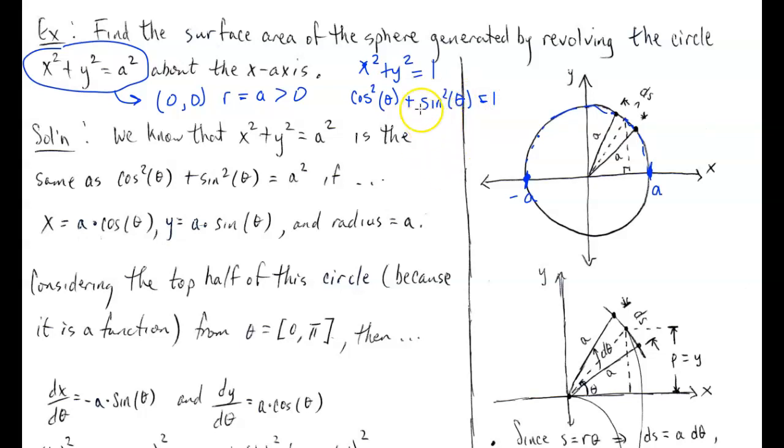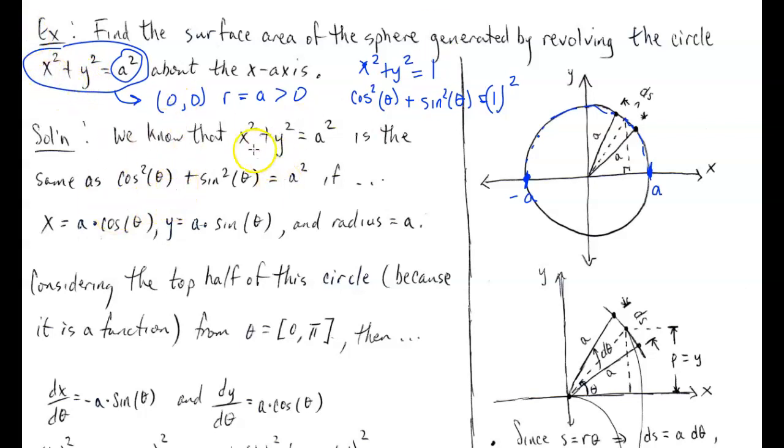Now, the point that I'm getting across here is that if my radius is 1, because this is 1 squared here, and I just have cosine squared here and sine squared here, then if I have a squared, that means that my x here is going to be a times cosine theta, and my y is going to be a times sine theta, okay?